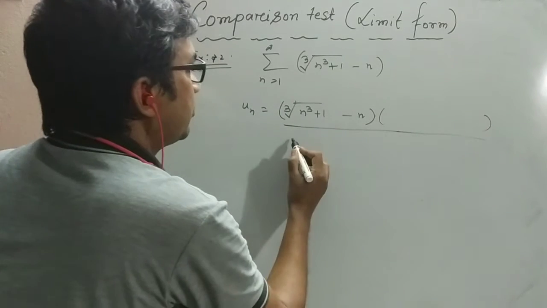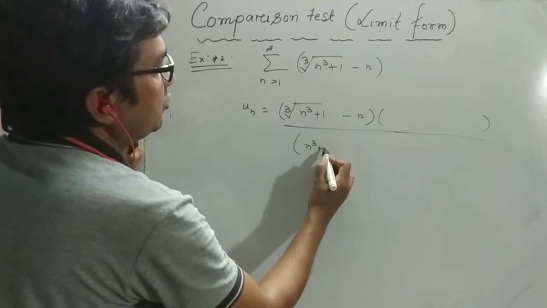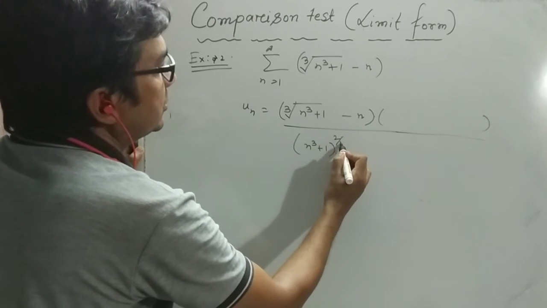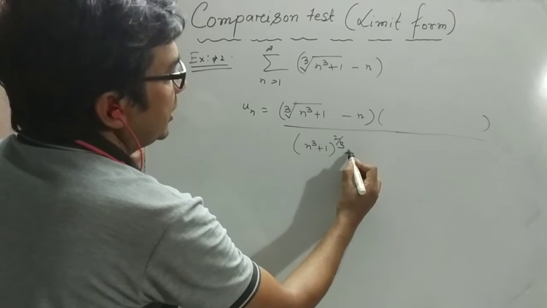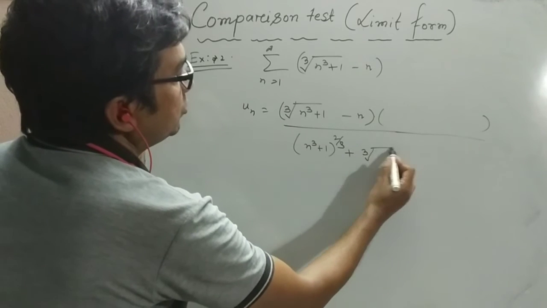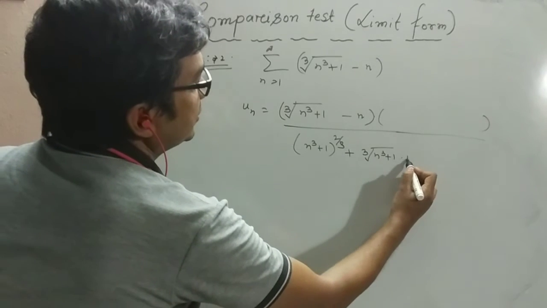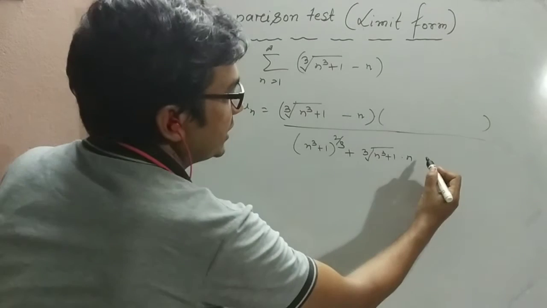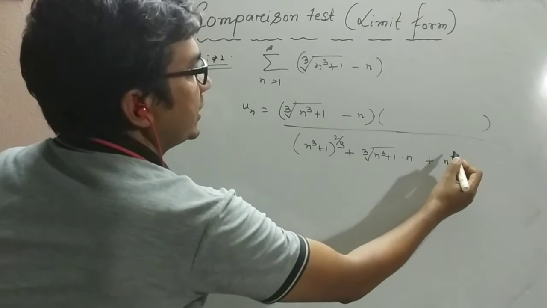denominator and numerator both by (n cube plus 1) whole to the power 2 by 3 plus cube root of (n cube plus 1) into n plus n square.